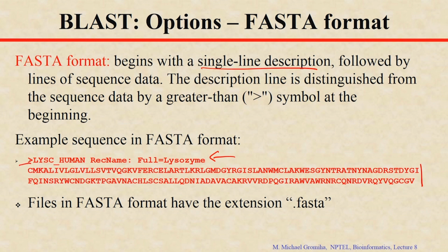This distinguishes one sequence from another, and you can write the description of that particular protein in that line. Then the following lines contain the amino acid sequence. These FASTA files also end with the extension .fasta, so you can give FASTA files with the extension .fasta.